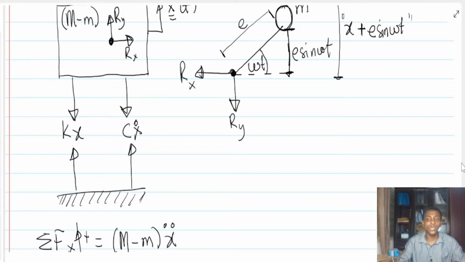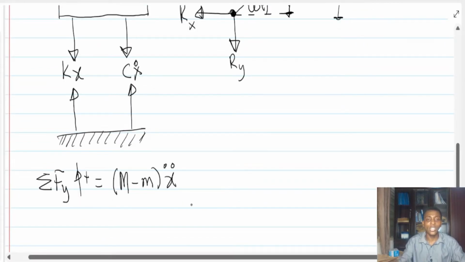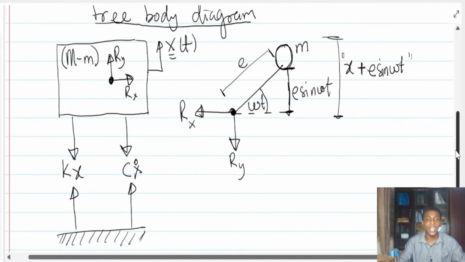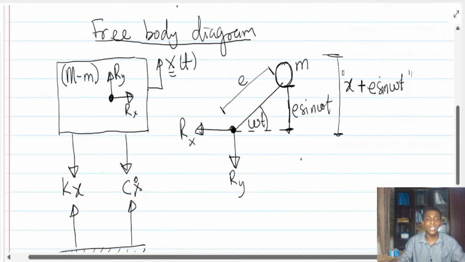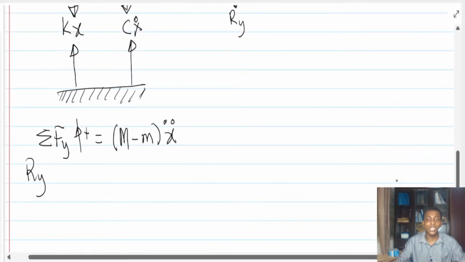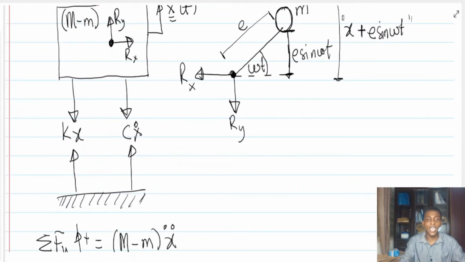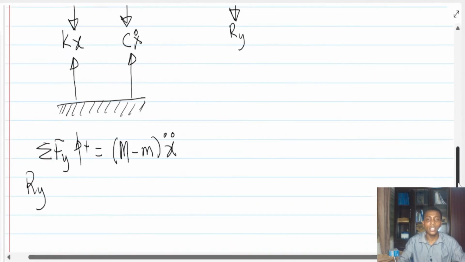So now let me do it for y. Sorry, there is no motion along the x. It's actually the y direction. Now, this ry is one of the forces. So I'll say positive ry because it's going up. Then kx is also coming down, right?